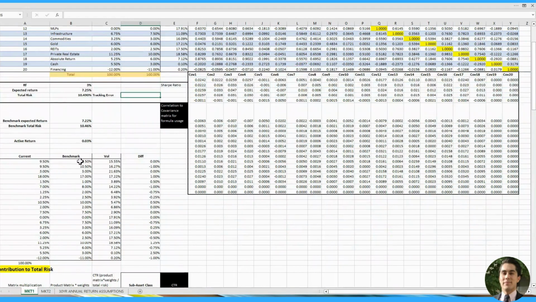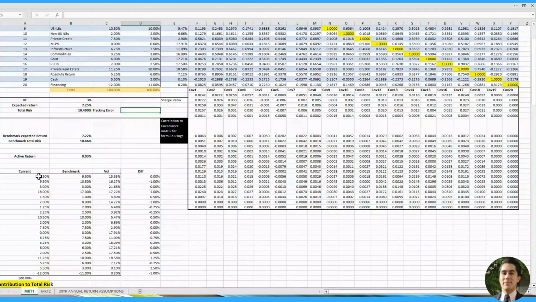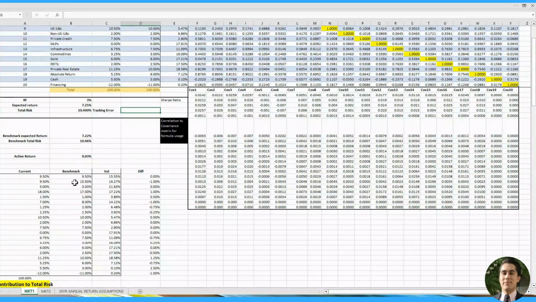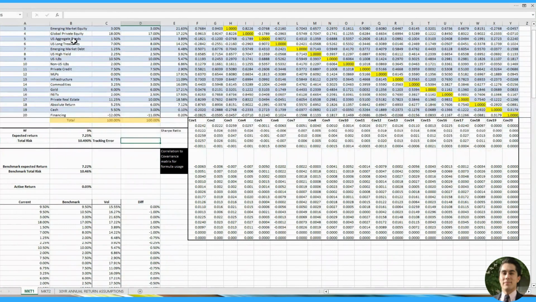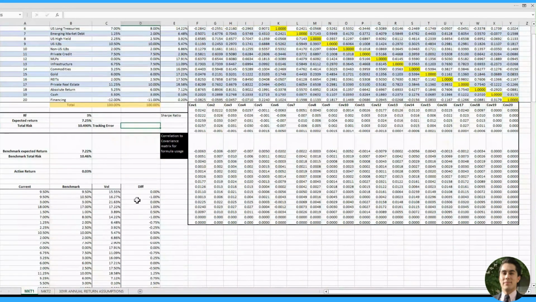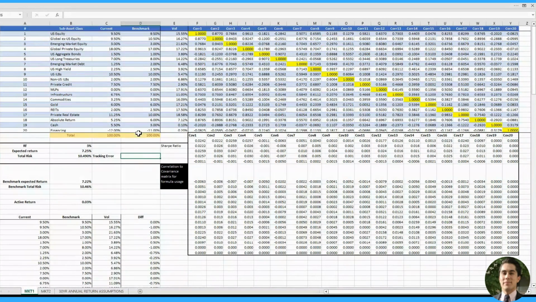This is asset number one relative to the benchmark. In this case, 9 minus 9.5, which is the same, it's 0. I just copied this to make it cleaner and easier to refer to later. You can see, for example, the benchmark in global ex-US equity is basically 1% higher, so 9.5 minus 10.5 is the difference. It's important for our active risk and for our tracking error.